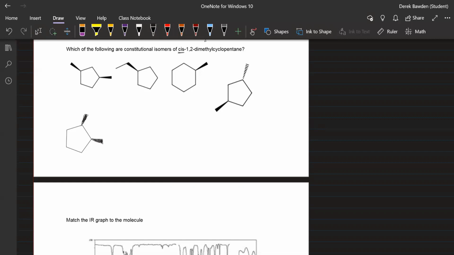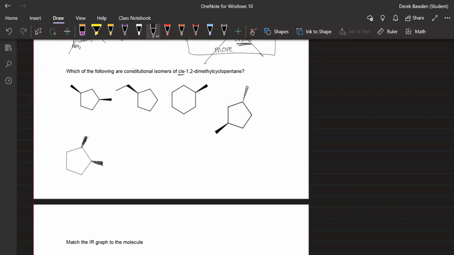What is a constitutional isomer, first of all? What's the definition? Same molecular formula, but different connectivity. So we're looking for something that has the same molecular formula but different connectivity.